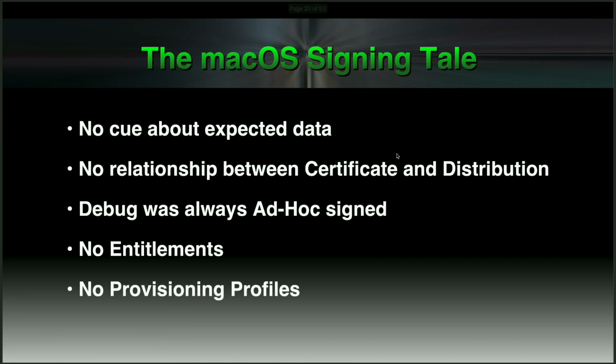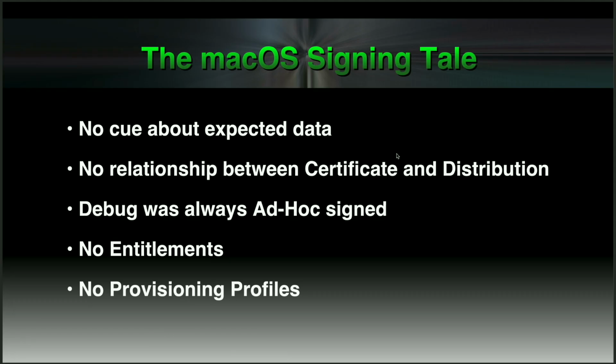Main downsides, mainly for new users: no clue about the expected data on that field, no relationship between the certificate they need to use and the kind of distribution they want to make.